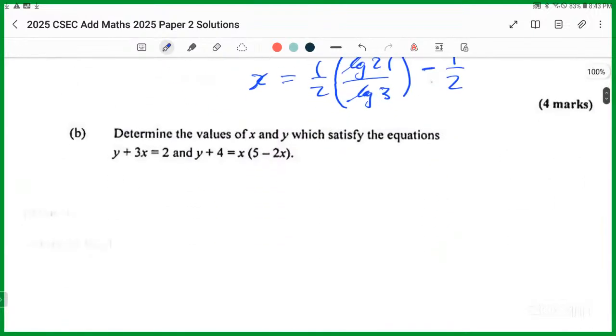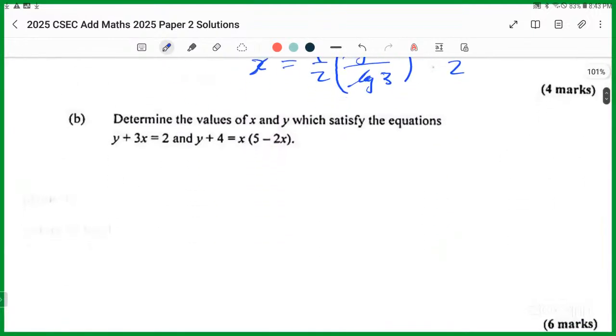Now down here it says determine the value of x and y which satisfy the equation. So basically that's a simultaneous equation that we're solving. We can start by subtracting or we can substitute. So this is equation 1. Let's name them.